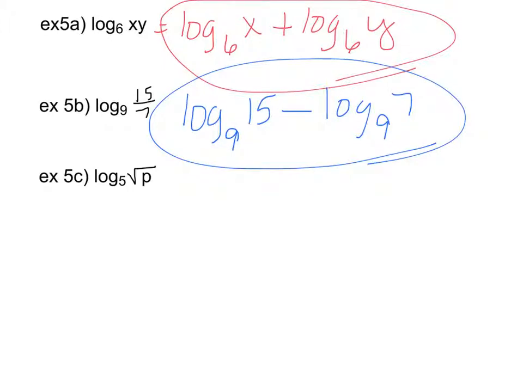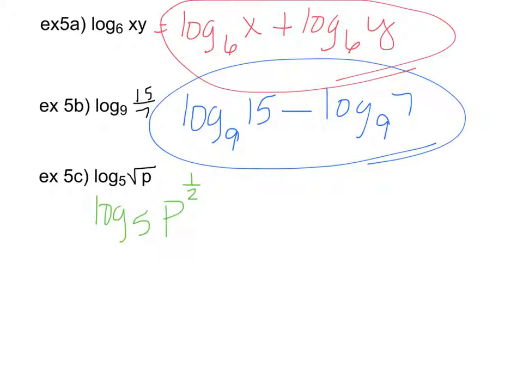Okay, check this one out. Log base 5 of the square root of p. Now on that last problem, what did we say? Anytime you see a radical, what do you need to do? Change it to an exponent, so let's do that right now. This is actually log base 5 of p to what power? 1/2. And what is the word we just used? The power.